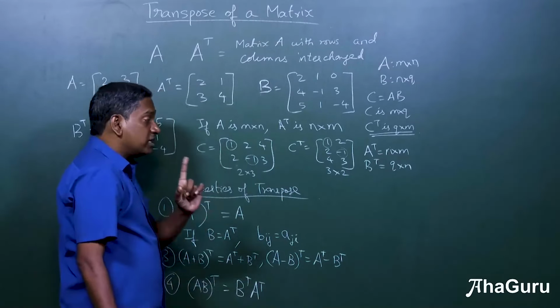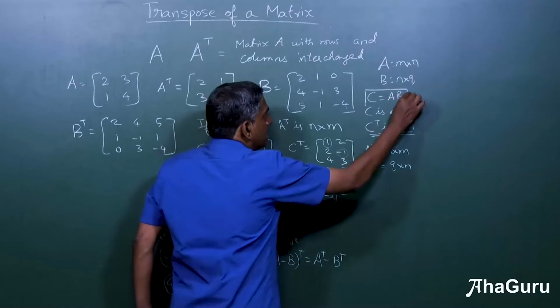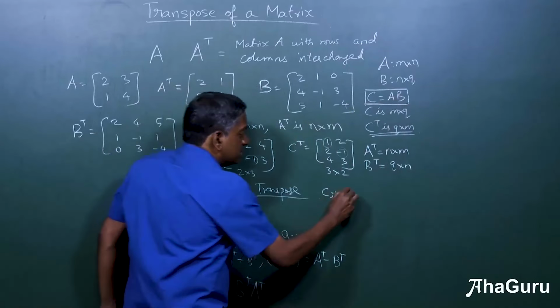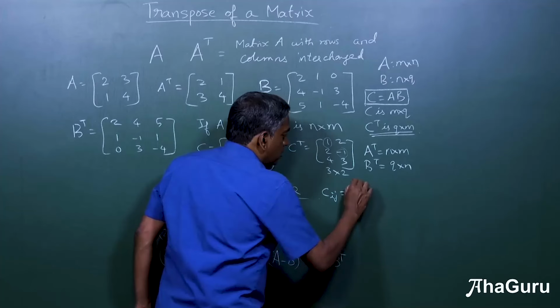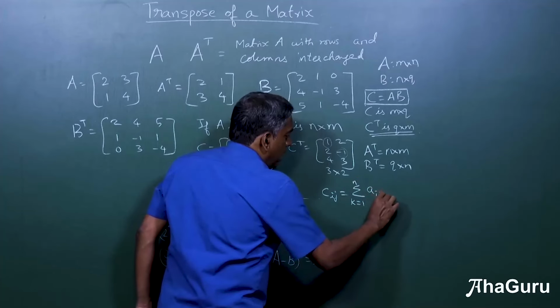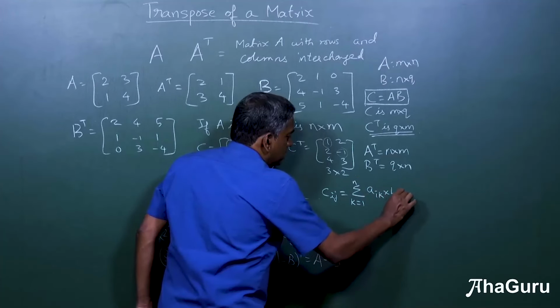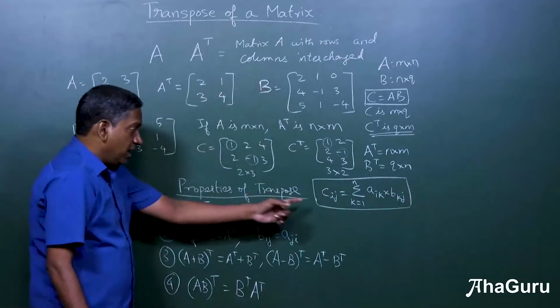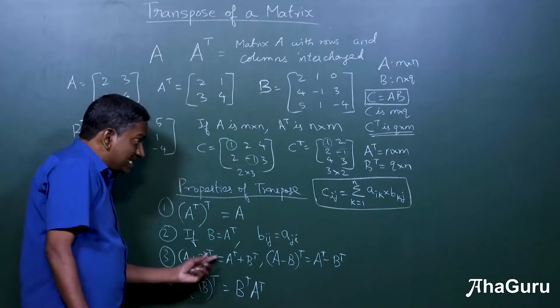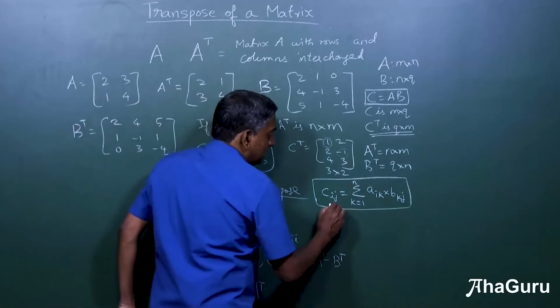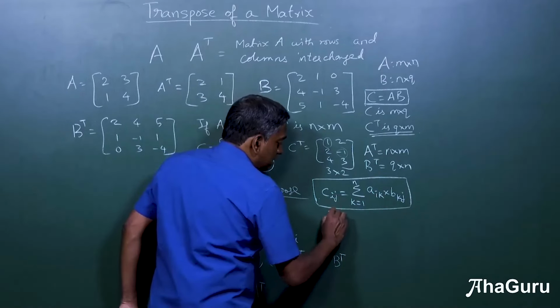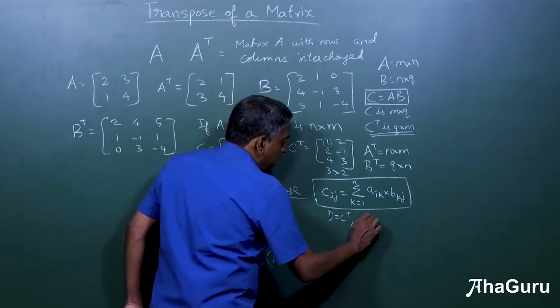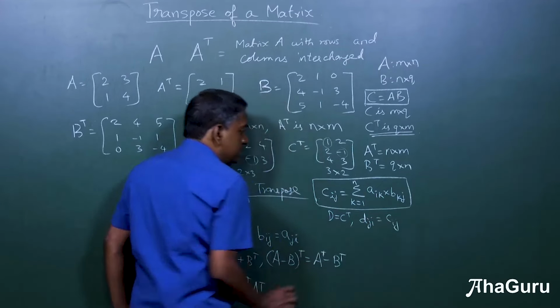For that, what we need to understand is that Cij, if C is AB, is sigma k equals 1 to n of aik times bkj, correct? This is the definition of matrix multiplication. This is how we multiply. Now if you take C transpose, let's say D is C transpose, Dji will be Cij.